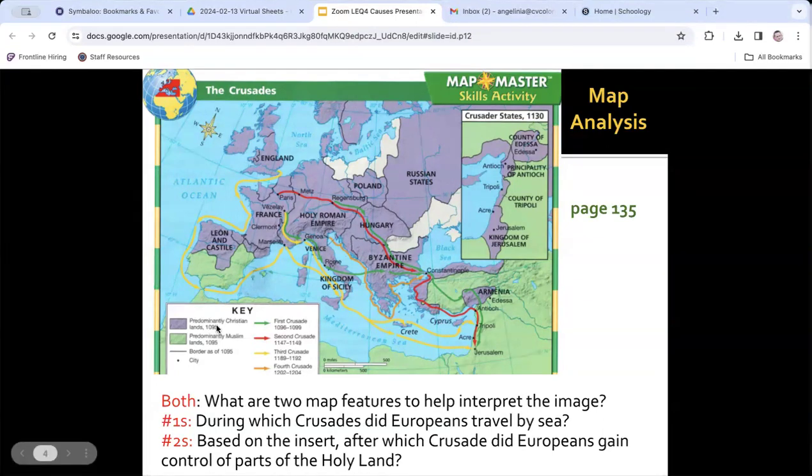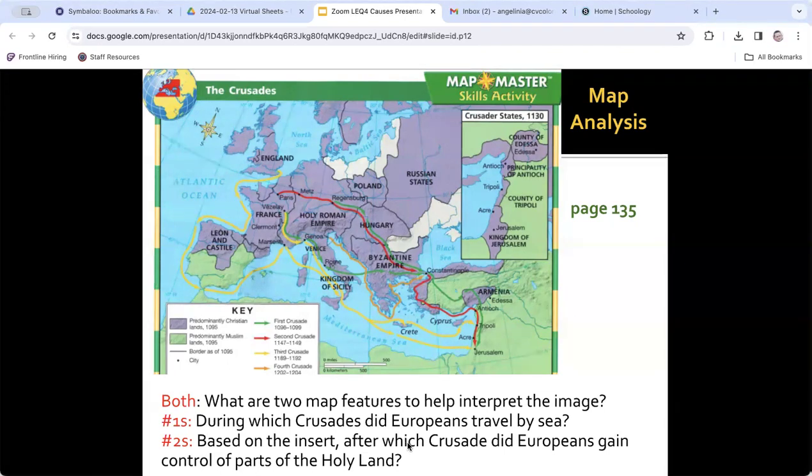Our main map is showing us 1095, so that's before the First Crusade. Before the First Crusade, purple represents most of Europe, because that's where Christianity was most popular. And in these green lands, as we've learned in our DBQ, these are the areas that Islam had spread to by 1095, right? This map now is looking at 1130.